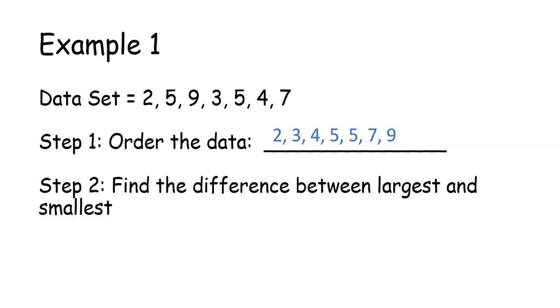Find the difference between the largest and smallest. Well, my largest is 9 and my smallest is 2. 9 minus 2 is 7. So our range equals 7. Woohoo! Seriously, I'm not joking. It's this simple. Mode and range really are this simple.